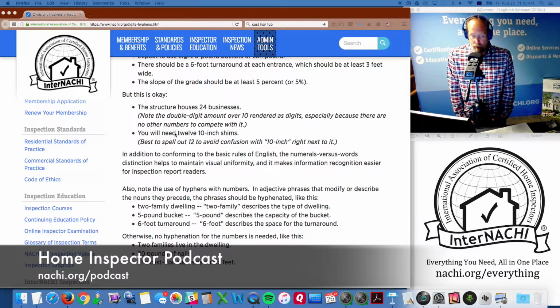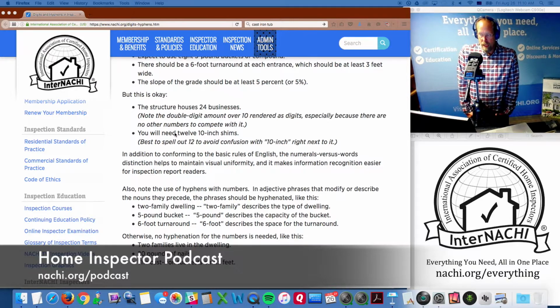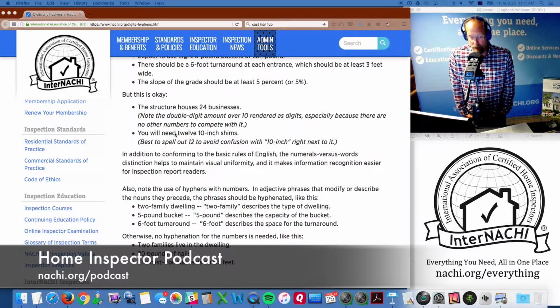If it's over 10, like 500 feet of rear yard, then you use the digit. It's an amount, it's over 10, so you use a digit. If it's an amount and it's under 10, use words, like eight shingles. It's very, very confusing, right?